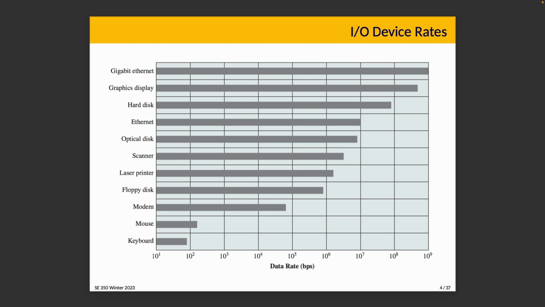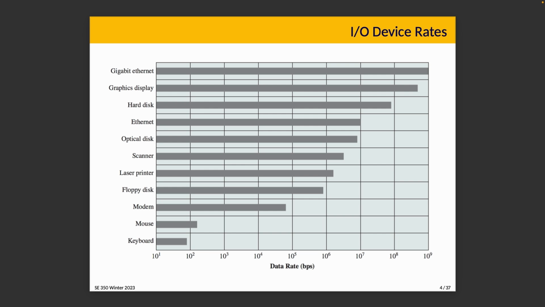Can't argue with that. But you can kind of get an idea. Hard drive is up there. Again, it may have improved a little bit, and certainly with SSDs it will be better. Ethernet, regular 100 megabit Ethernet, optical disk, reading a CD for some reason, scanners, printers, floppy disk drives if you care about such ancient things, modem.